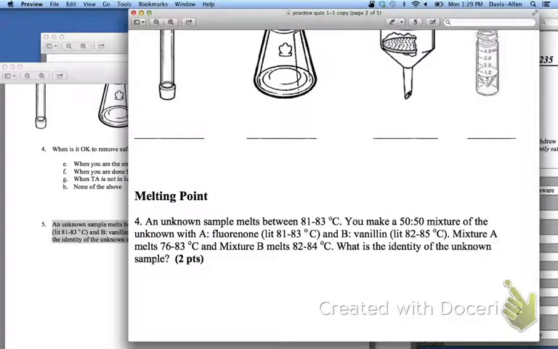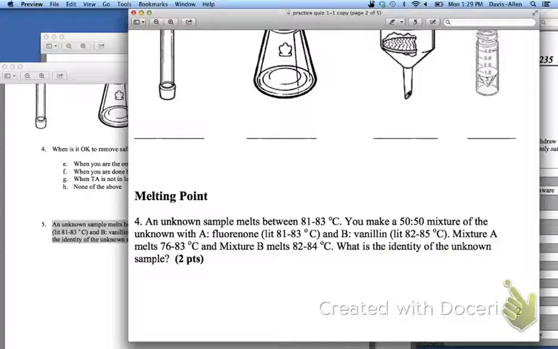Okay? So we then take a mixture where we mix it with unknown A, or with known A, and we get a 76 to 83 degree range. What does that mean for our melting point? It's impure. So whatever the unknown was and whatever was in solution A or mixture A were different by definition. That's the only way we could get that lower melting point in our broader range.